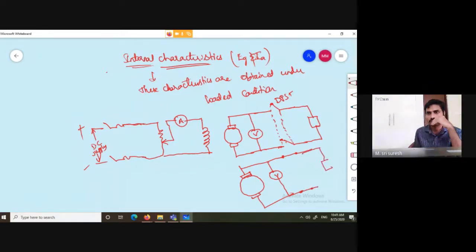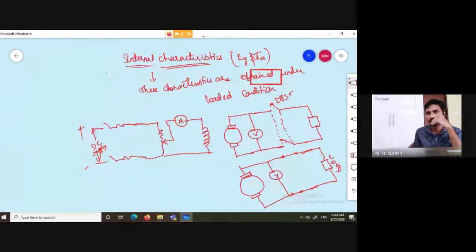In the second diagram we can see the armature is connected to load. So this is the load. That means the DPST switch is in closed condition, so the load is connected to the DC generator.